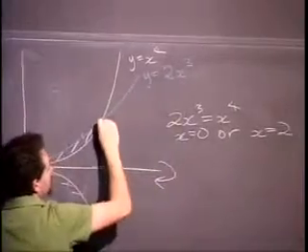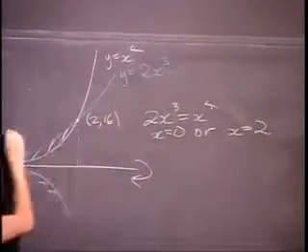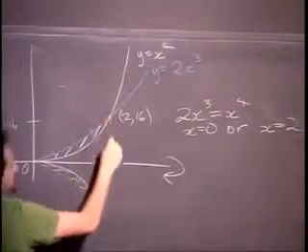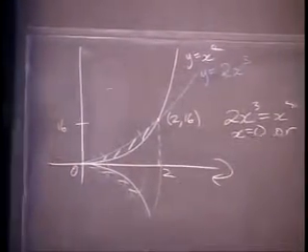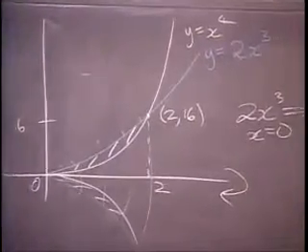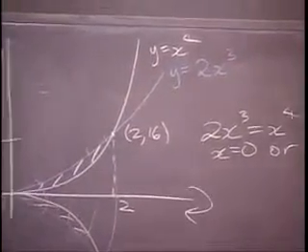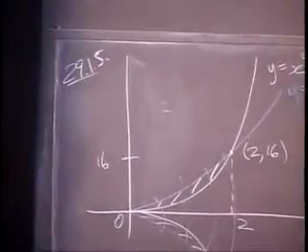So this is the point (2, 2 to the 4th), which is (2, 16). I didn't draw this to scale. There's more to scale in the book, if I recall. We're working in 29.1.5 here, by the way, for reference.